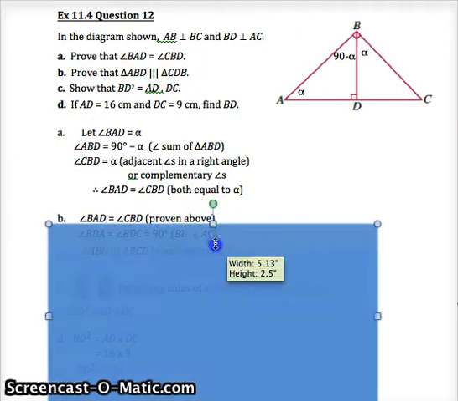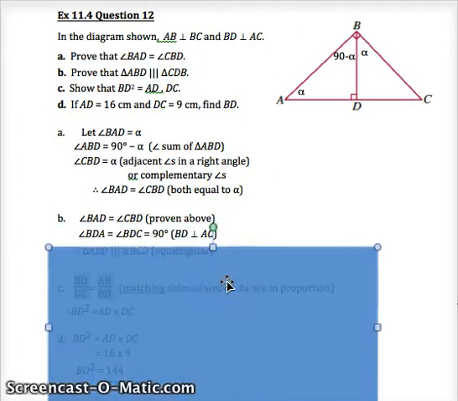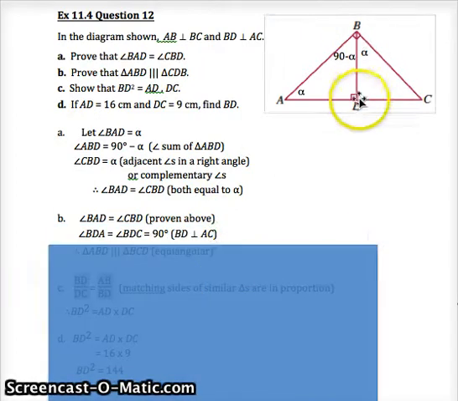So we've got that angle BDA is equal to angle BDC, which is equal to 90, because BD is perpendicular to AC, and I'll just put a little right angle symbol in there as well.